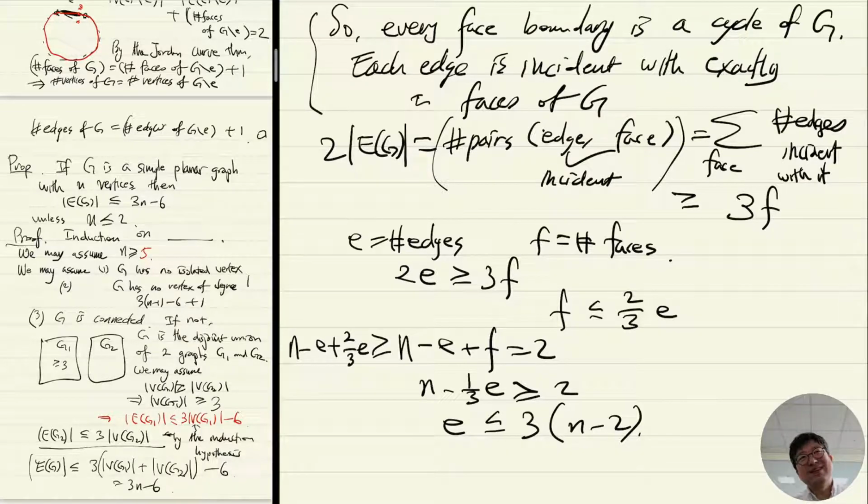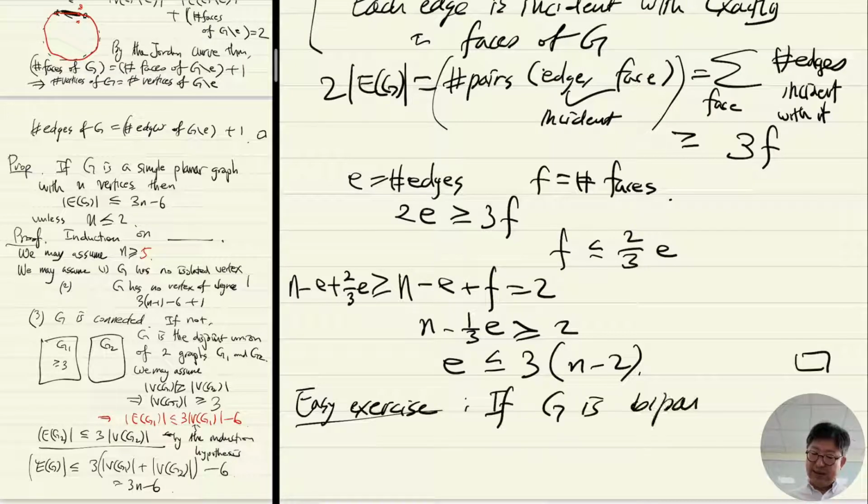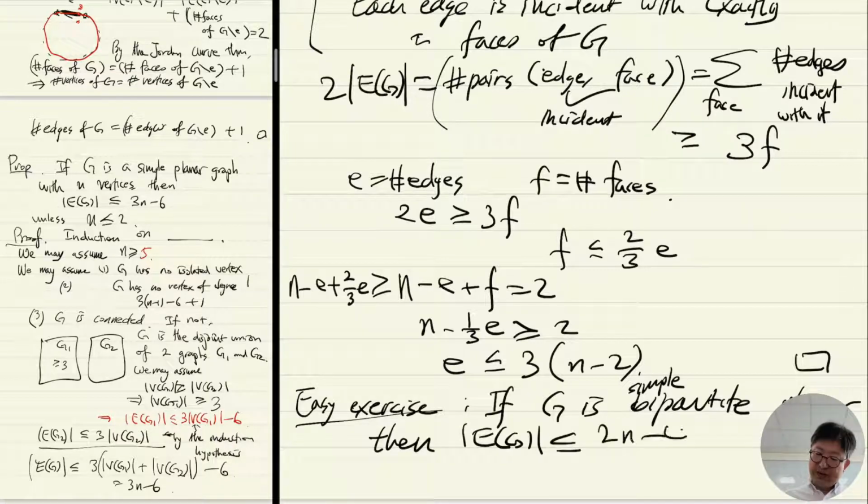Here we use the fact that the 2-connected graphs have nice structure. And it's an easy exercise to follow the same proof and show that if G is a simple bipartite planar graph, then the number of edges is at most 2n minus 4.